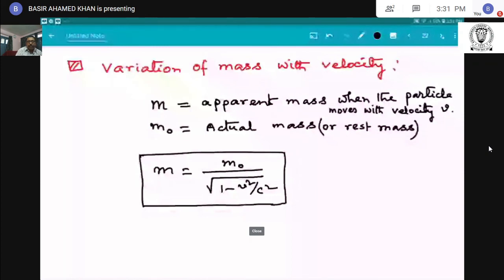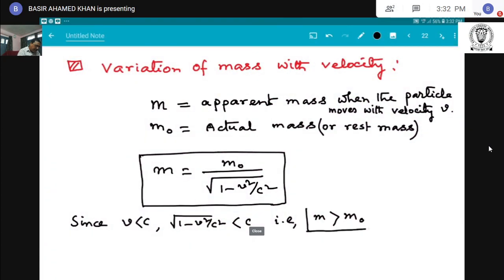Then the relation between m and m0 is m equal to m0 over root of 1 minus v square by c square. Again, since v is less than c, root of 1 minus v square by c square is less than 1, that is m is greater than m0.